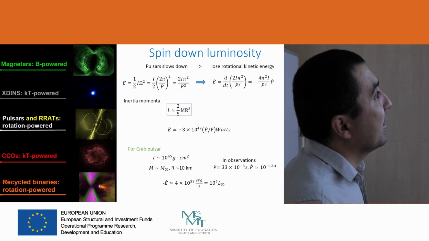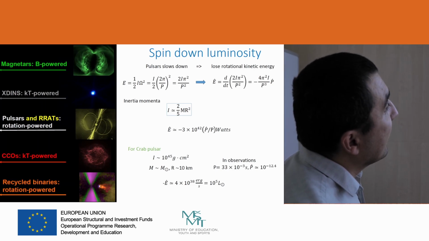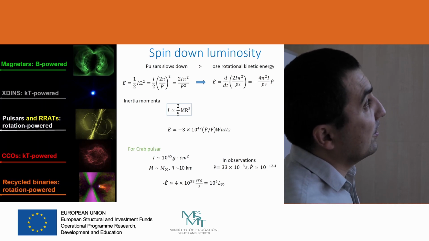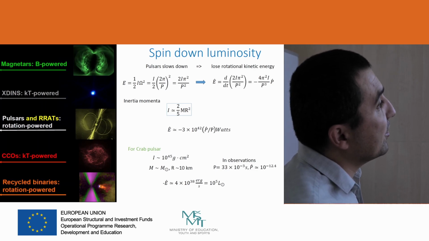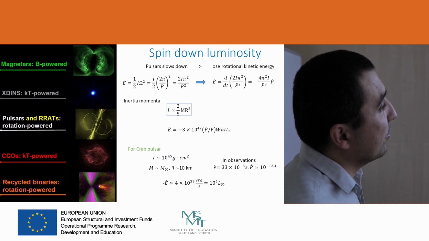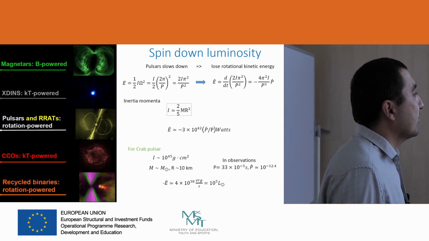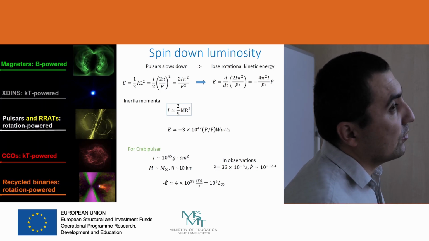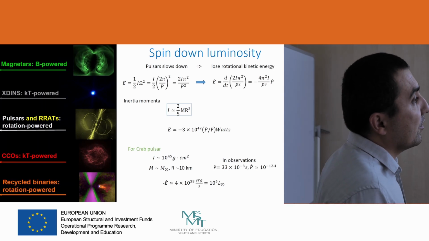Simple estimations show that the rate of energy losses from rotational kinetic energy for the Crab pulsar is about 10 to the 38, which is 100,000 times larger than the luminosity of the Sun.